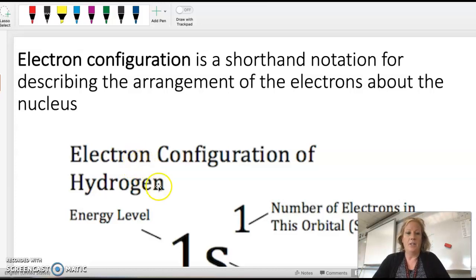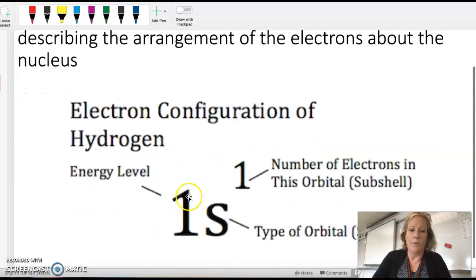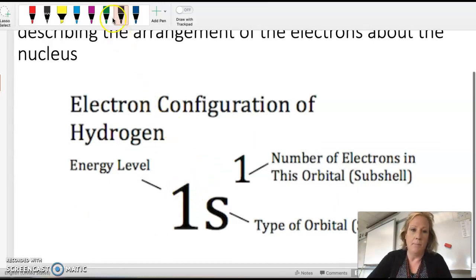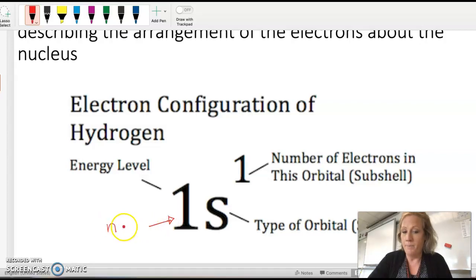So electron configuration is when we write a number in front of a letter. This number is really the principal quantum number. So in this case, we're talking about n equals 1, or the first energy level away from the nucleus.